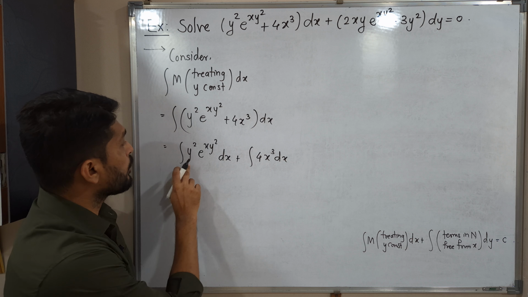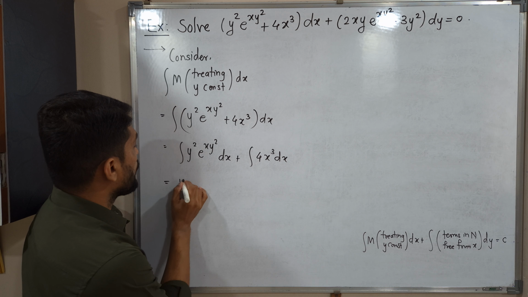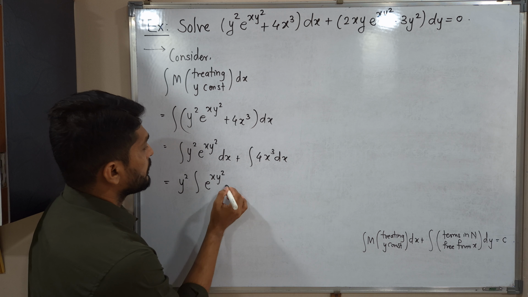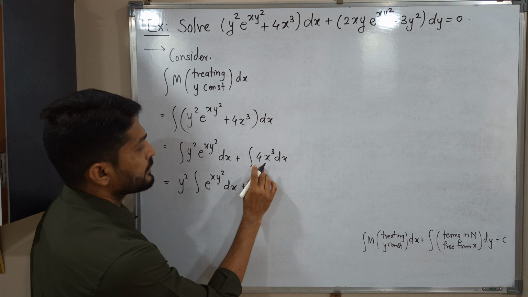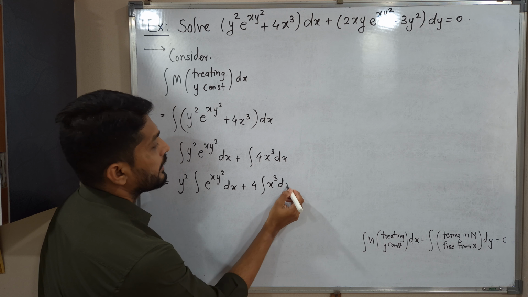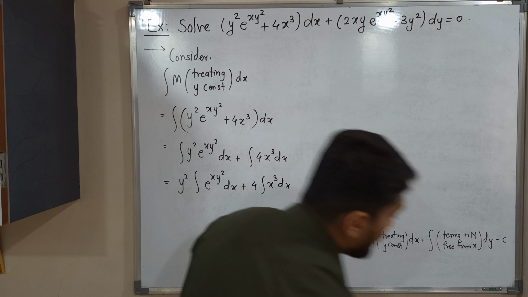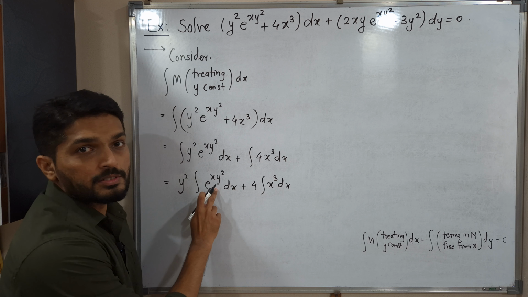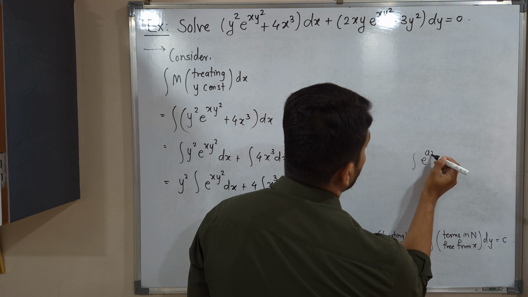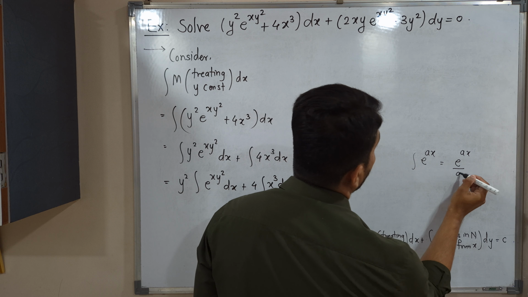What is a constant here? Y square. Since I have already mentioned treating y constant, y square will come outside: e raised to xy square dx. What is a constant here? 4 is a constant. Inside the integration we will have x cube dx. Now the question is how to solve this integration. No need to worry, y square is a constant, so I can apply this formula: integration of e raised to x is e raised to x upon a.